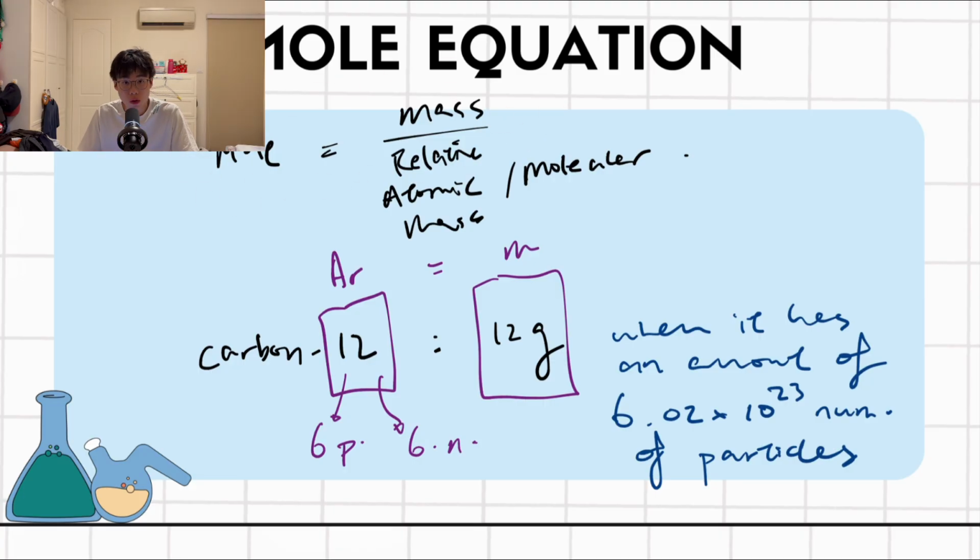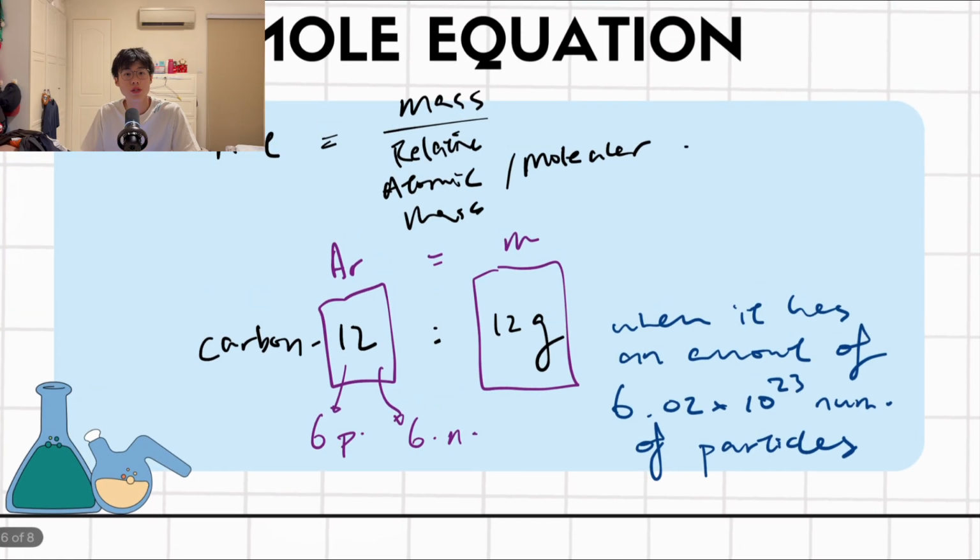And we know that when there's 1 mole of a substance, the mass and the relative atomic mass equal each other. And so in that case, mole will be 1. When either the mass changes or the relative atomic mass changes, it changes the ratio. And by using this equation and plugging in the numbers, we're able to calculate moles.